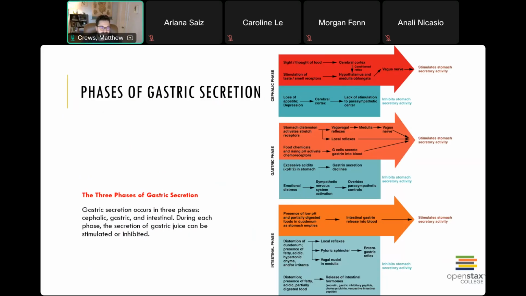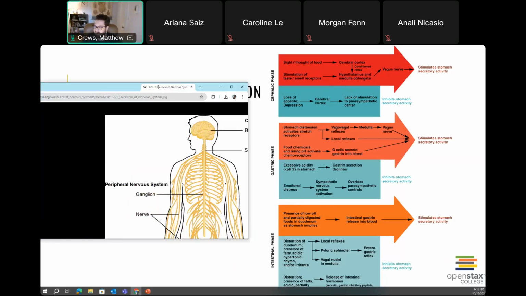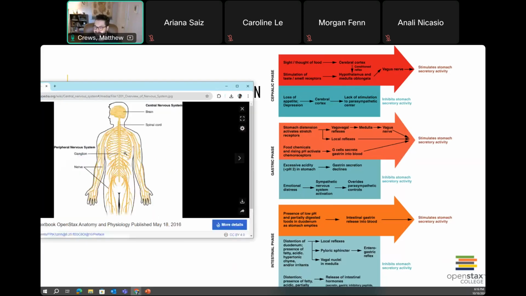See if I can find a good picture. Let's use this one. All right, so let's say this is the stomach right here. Okay, I don't know if it's but we'll just pretend for this purposes.